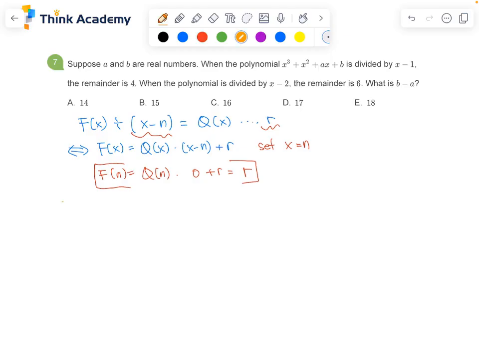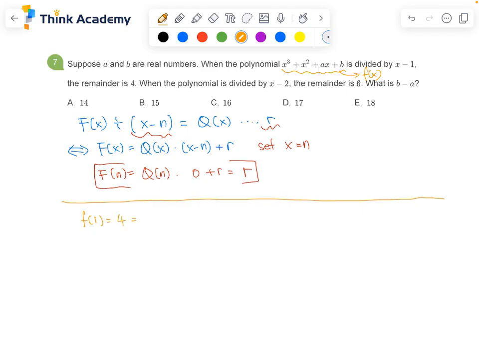Okay, let's apply this conclusion to our problem. First, I have the remainder of dividing by x minus 1 is 4. So suppose I set this to be lowercase f(x). Then f(1) would be 4.